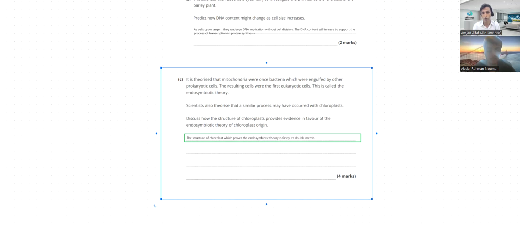There are 4 points that you need to add here, as per the mark scheme. The structure of the chloroplast which proves the endosymbiotic theory is firstly the double membrane structure, then its circular DNA.